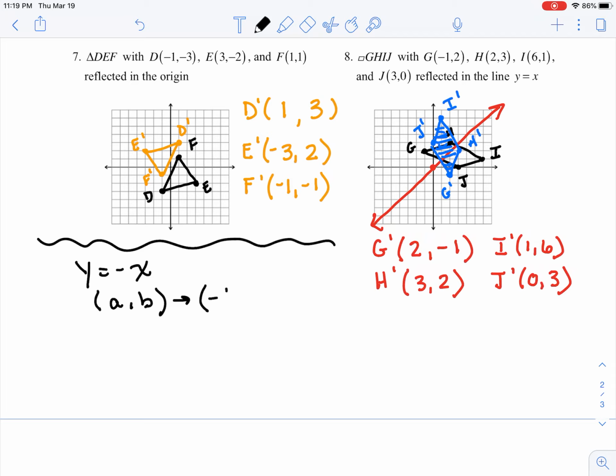So AB becomes -B, -A. Remember, the line y equals -x also has a y-intercept at the origin, but since its slope is -1, the graph would look like this.